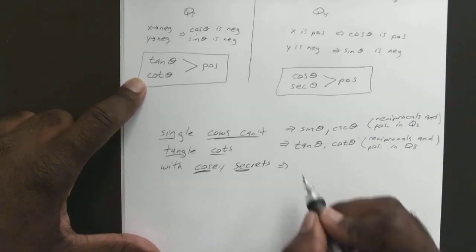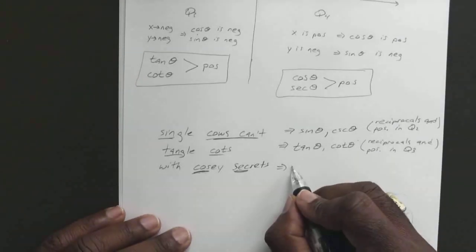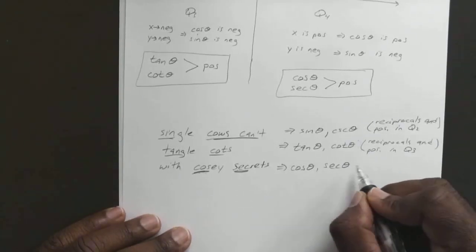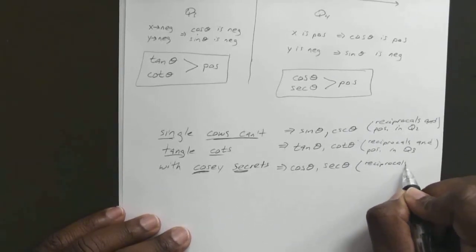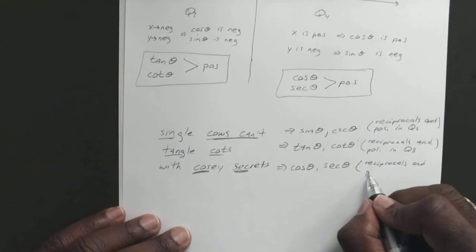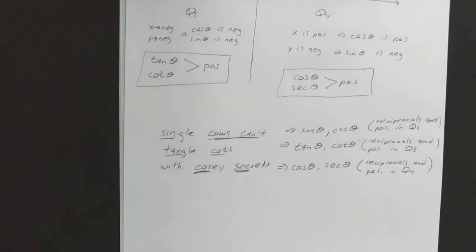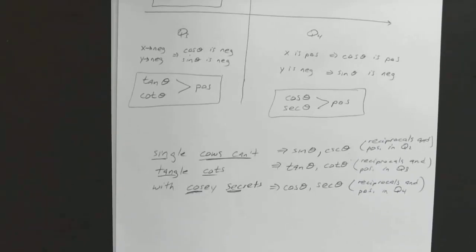Then cosine and secant, they're reciprocals of each other and positive in quadrant 4. Like I said, that was just something to kind of help me get to understanding all of this. So hopefully you can find it useful.